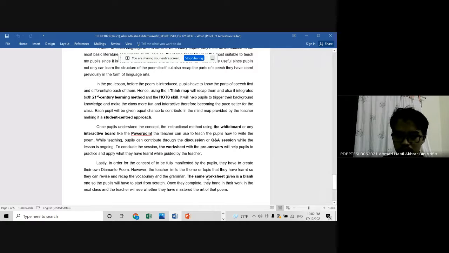So here the same worksheet is given, but blank. Because the structure is the same, the teacher can modify the same worksheet. You give the blank sheet to the pupils, so the pupils will start from the beginning. Once they complete, they hand in their work.